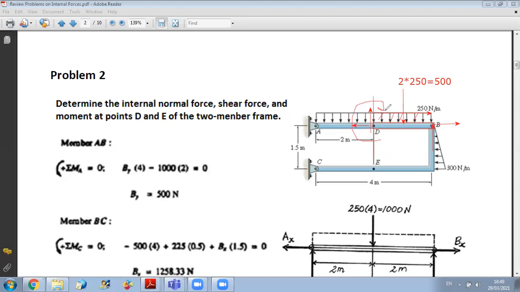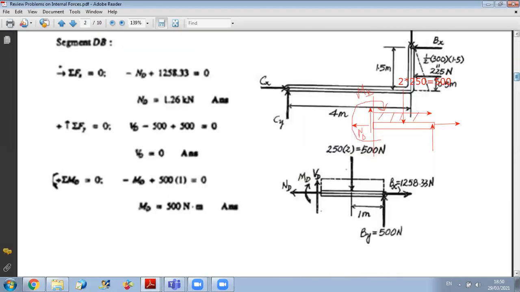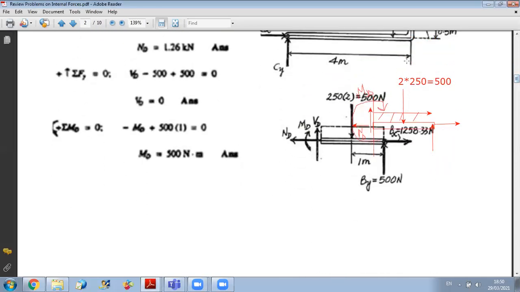So now all I have to do is calculate the moment at D, the normal at D, and the shear at D. Let me show you the figure of BD alone, so it will be clearer. So this is the figure of the BD segment. As you can see, the distributed load is equivalent to 500 Newton acting at the middle of BD. You have Bx, By already calculated from the previous step.